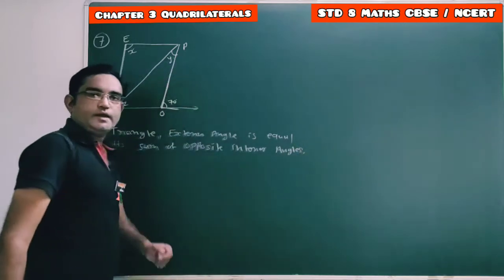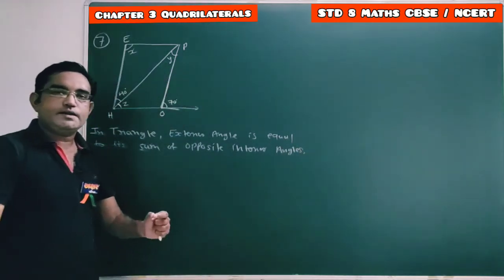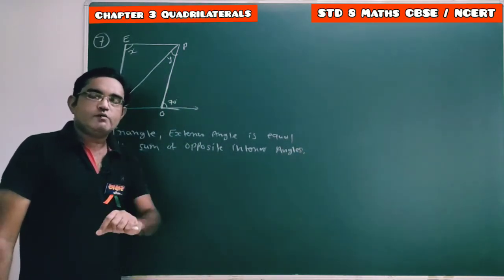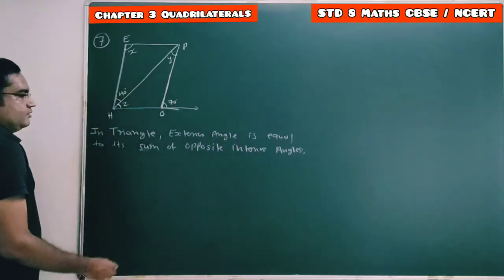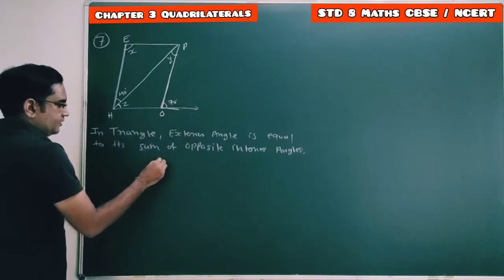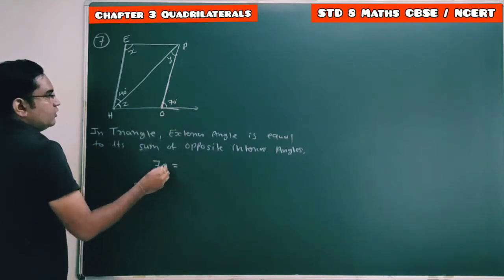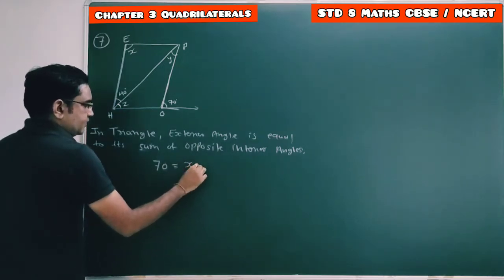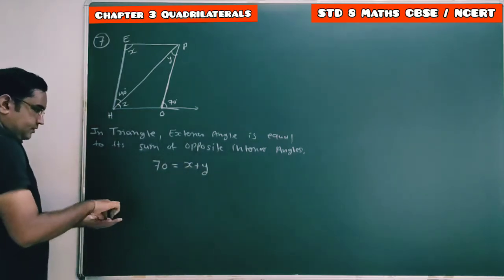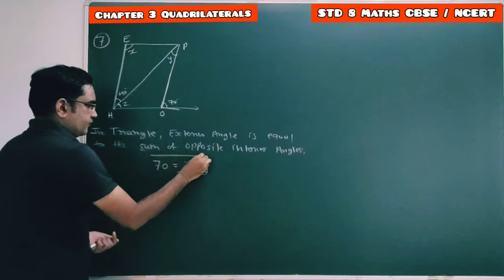That is the exterior angle property of a triangle. The exterior angle of a triangle is always equal to the sum of the opposite interior angles. So here the exterior angle is 70, so 70 is equal to the opposite interior angles. 70 is equal to x plus y. Clear, students? So this is our first result.